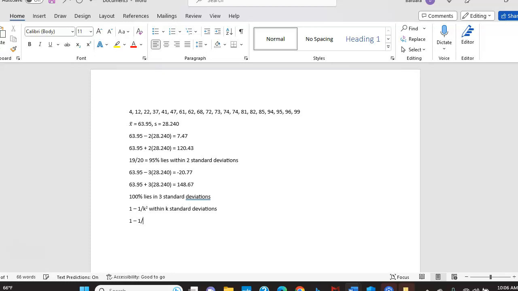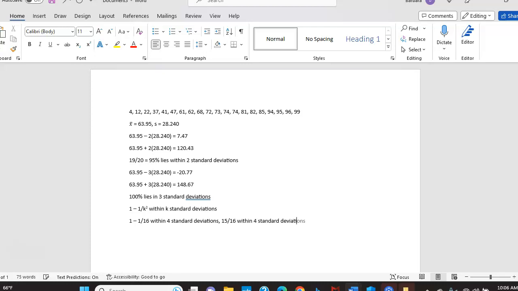So 1 over 16, because 4 squared on the bottom would be 16, would lie within 4 standard deviations. Or 1 minus 1/16 is really going to be 15 over 16, would be within 4 standard deviations.